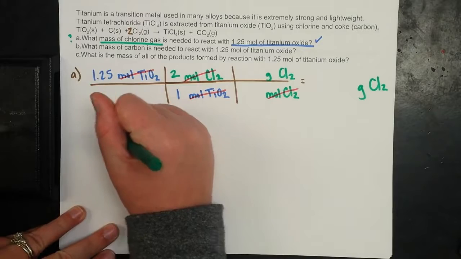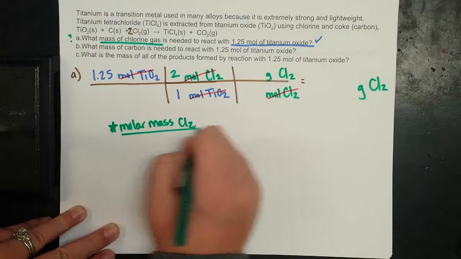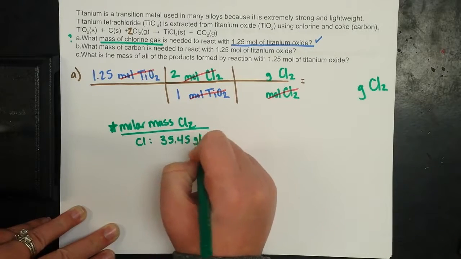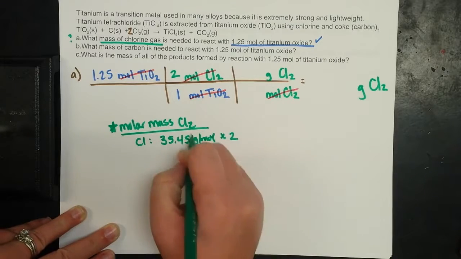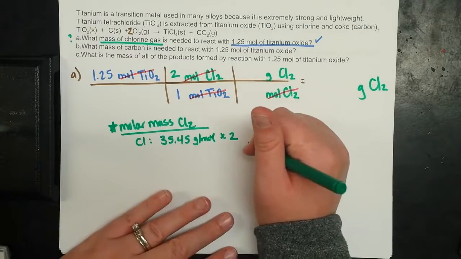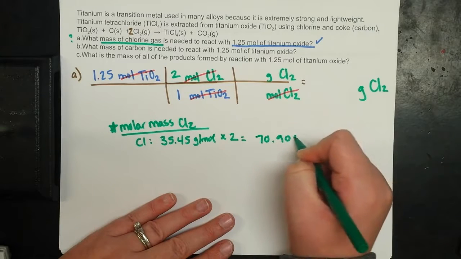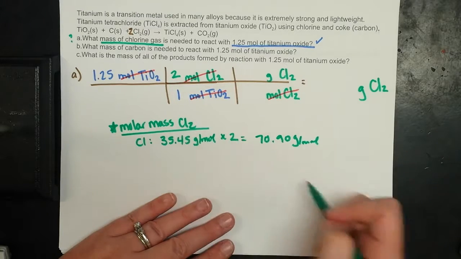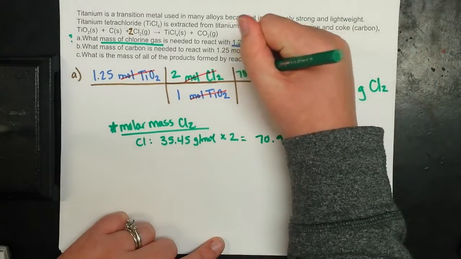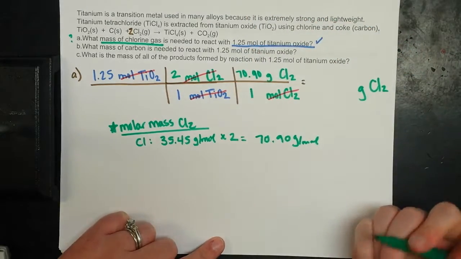So as a little aside, the molar mass of Cl2, I've got chlorine, whose molar mass is 35.45 grams per mole. And I've got 2 chlorine atoms, or 2 moles of chlorine atoms for every 1 mole of Cl2. Okay, so that's going to give me 70.9 grams per mole as the molar mass for diatomic chlorine, meaning that there's 70.90 grams of Cl2 for every mole of Cl2.